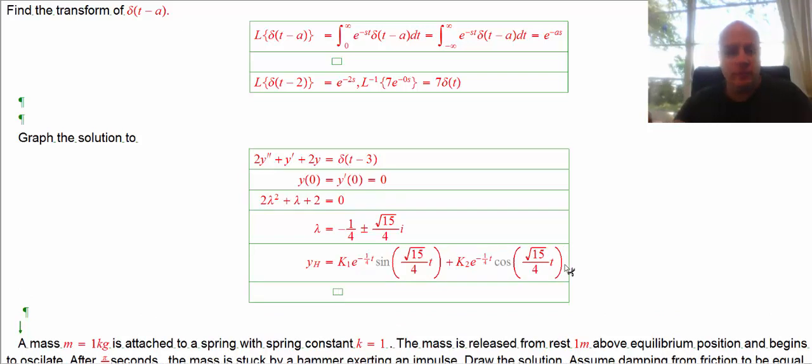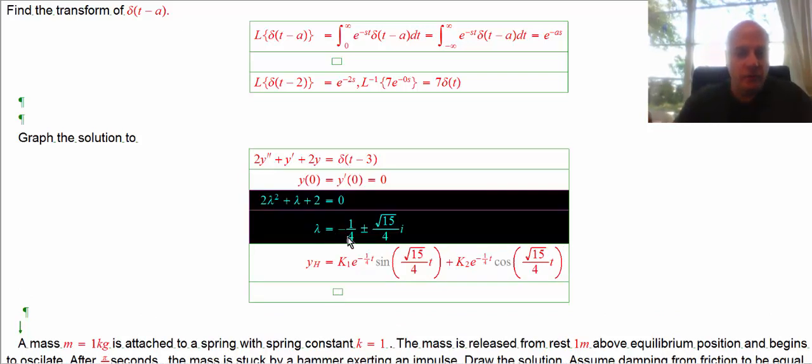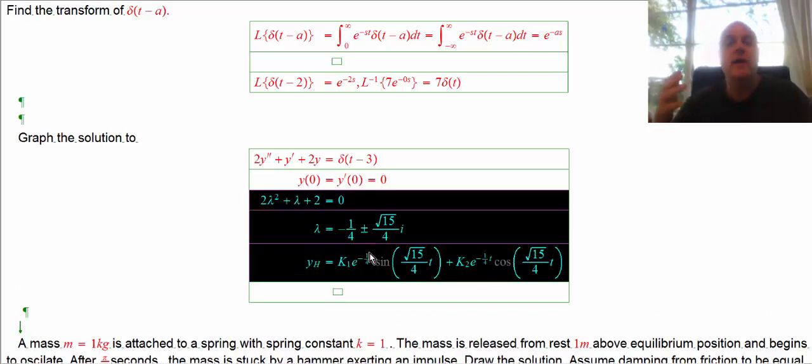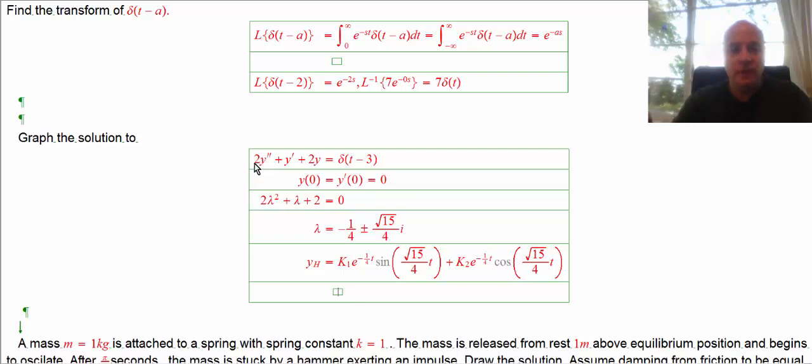Now let's do this with Laplace transforms. All of this was just providing me some foreshadowing of what's going to happen when we do the Laplace transform. So let's Laplace transform the whole equation.